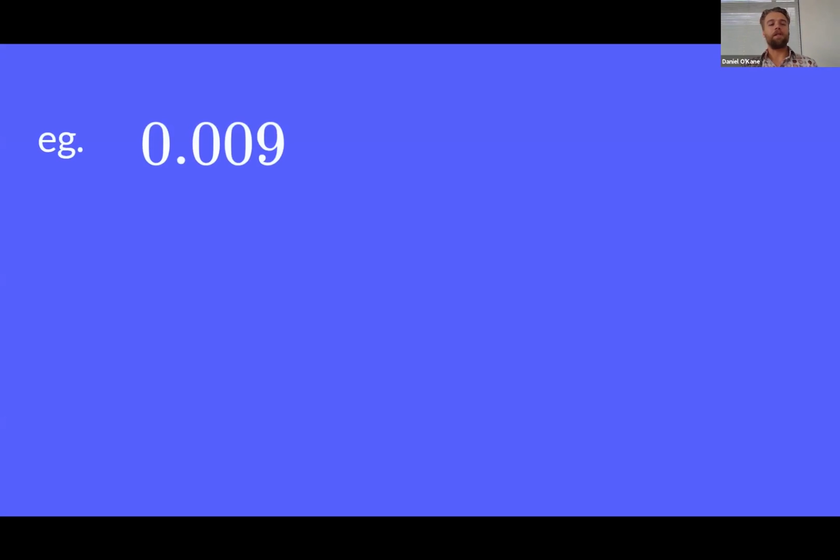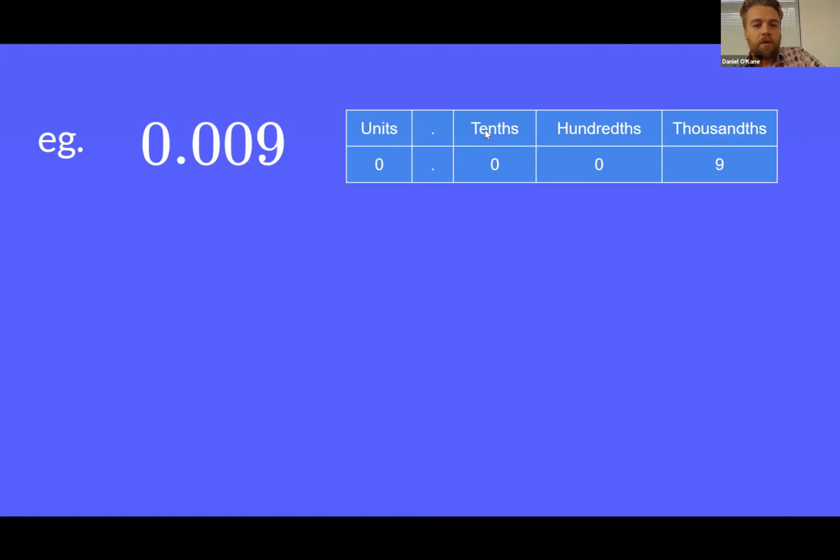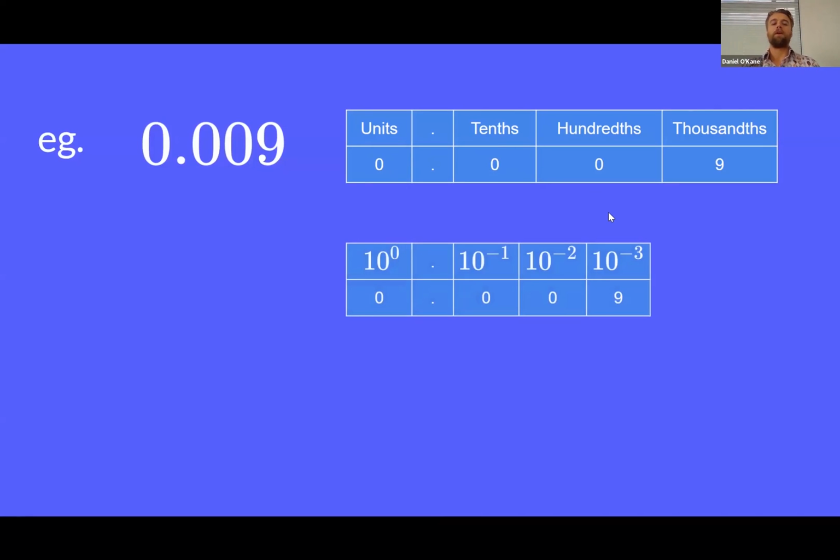So looking now as an example, 0.009, okay? If I use that place value table that you remember from early high school, late primary school, that's 0 units, 0 tenths, 0 hundredths. There's just the 9 thousandths. So I could now write this as the units as 10 to the power of 0, the tenths as 10 to the power of -1, the hundredths as 10 to the power of -2, and the thousandths as 10 to the power of -3.